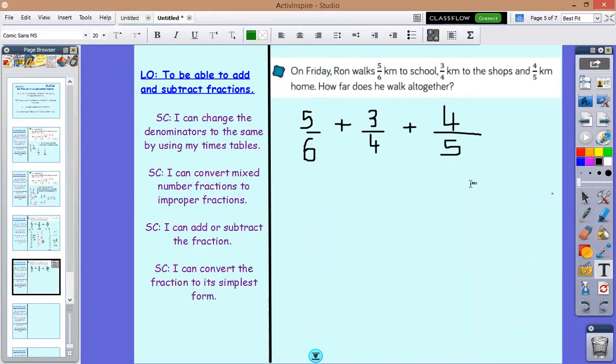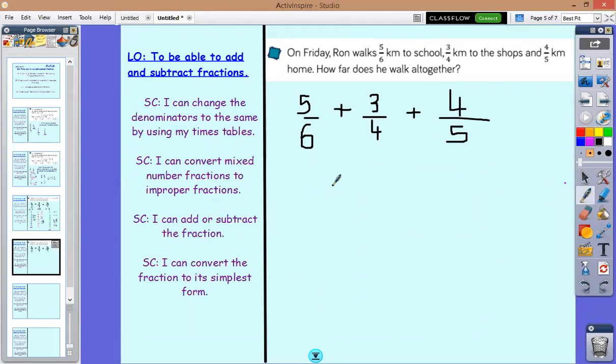So let's go through 143 over 60. Now I want to find a number that can both be divided by, or let's go, how many 60s go into 143?